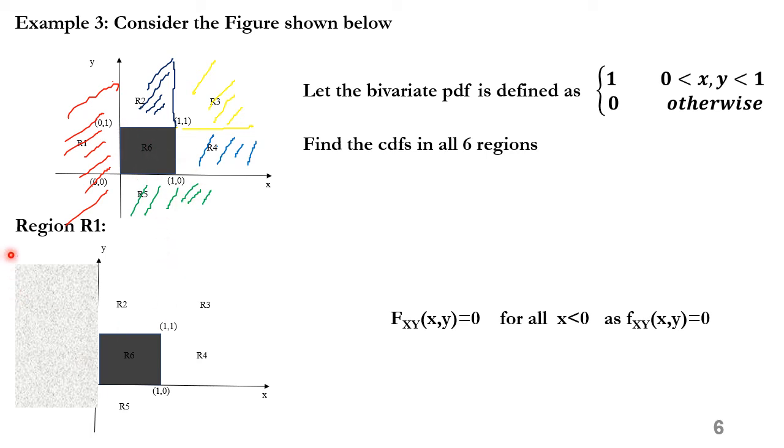Let us consider each region one by one. The bivariate PDF is defined as 1 for all values of x greater than 0 and y less than 1, and it is 0 otherwise.